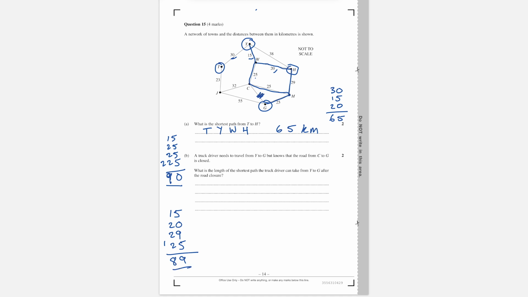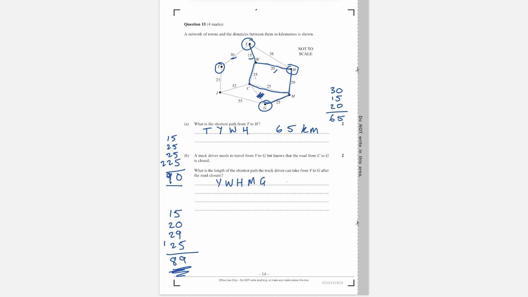And indeed, it is one shorter than what appeared to be the most direct route via C. So the shortest path is going to be Y, W, H, M, G.